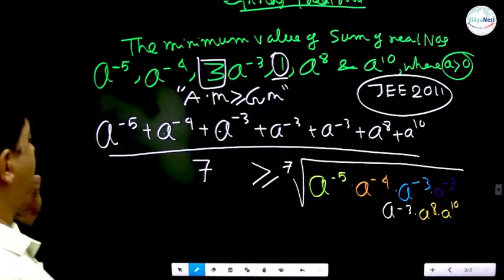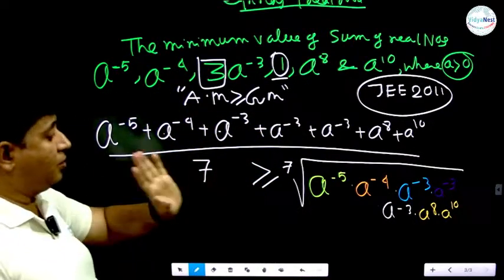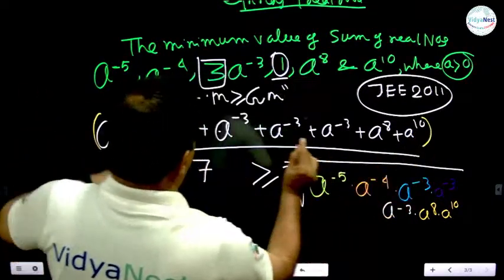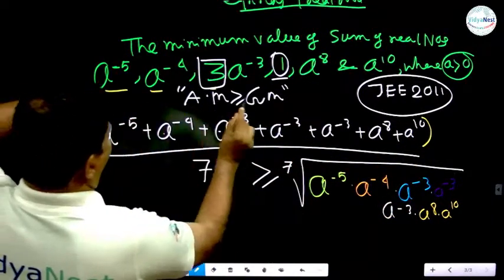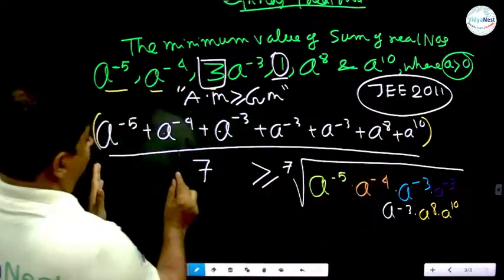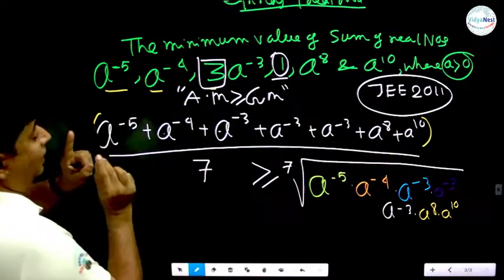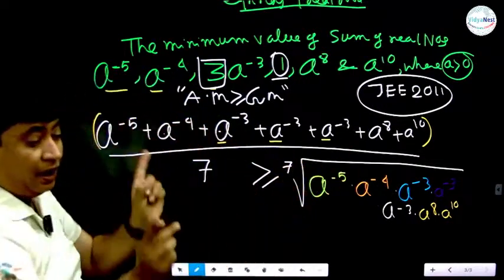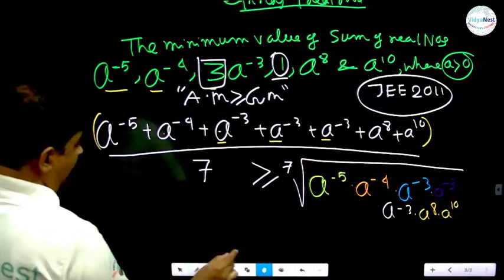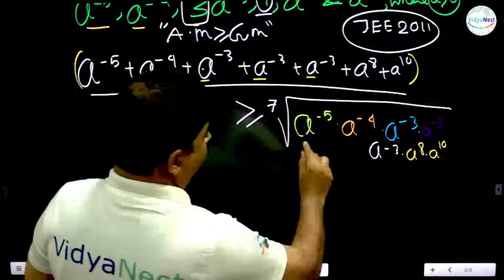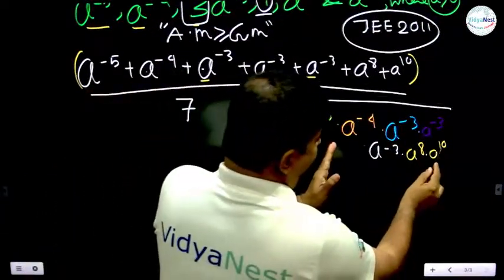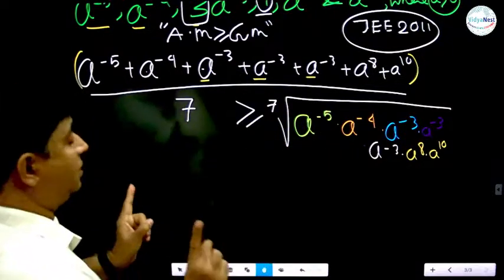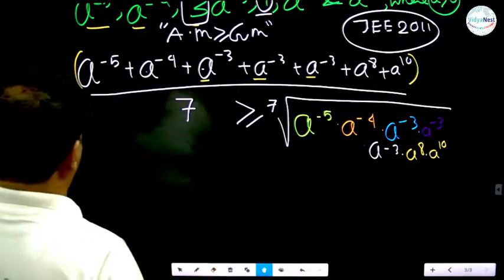So AM is greater than or equal to GM. Now instead of this, what can I write? The sum of these terms, in proper order, where I wrote 3a to the power minus 3 split into 3 parts. Now I will combine them because our main purpose is solved. See here, the exponents, positive and negative values, have become the same, so we can cancel it out.